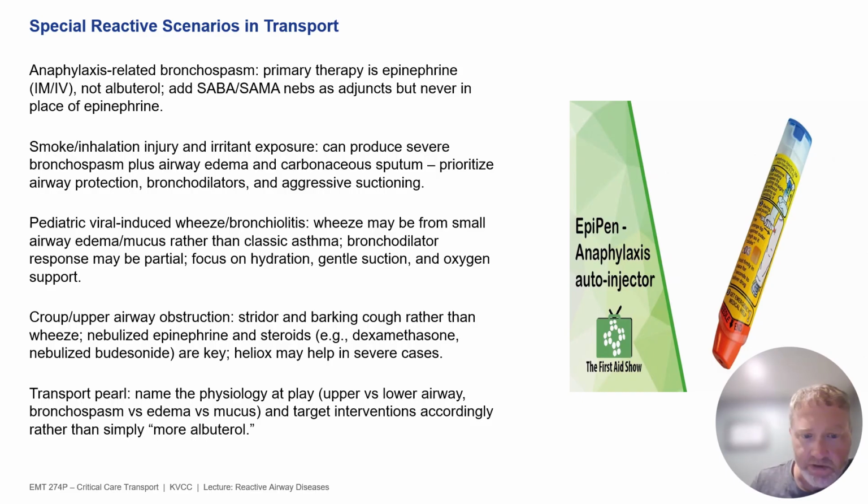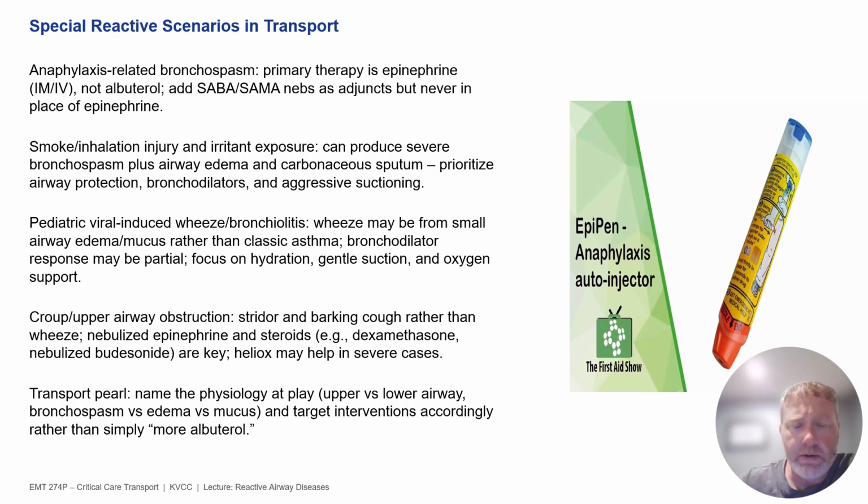Give them epi, give them racemic epi, give them steroids, nebulized budesonide, which is Pulmicort. Throw some Heliox at them in severe cases if they can't get air in because their upper airway is so swollen. Go those routes. Don't go the bronchodilator route.